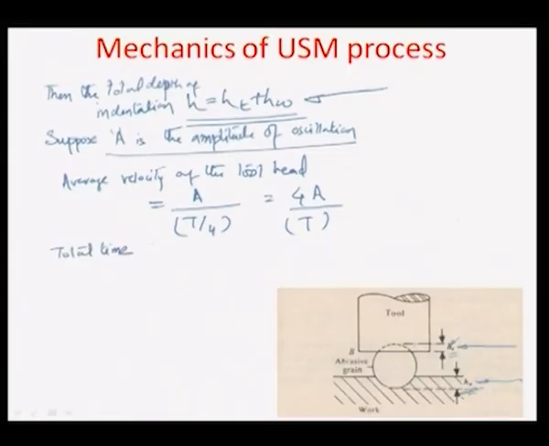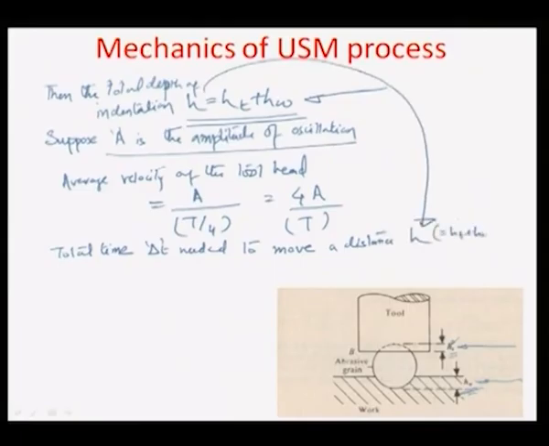which again is actually delta t, that is needed to move a distance h, which was actually equal to h t plus h w, the total indentation, should be nothing but h divided by the velocity of the tool.